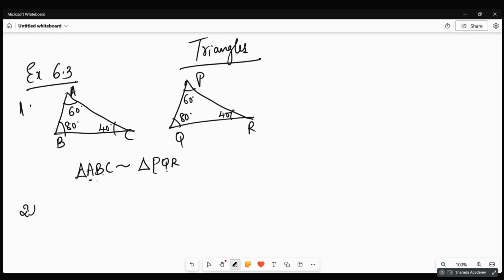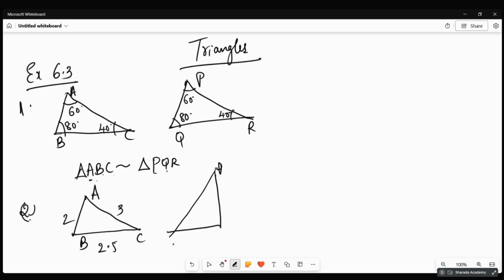Second one. Tell me whether it is similar or not, by the criteria. ABC has sides 2, 3 and 2.5. This is PQR, with sides 6, 5 and 4. We can see how BC and PR are proportional.